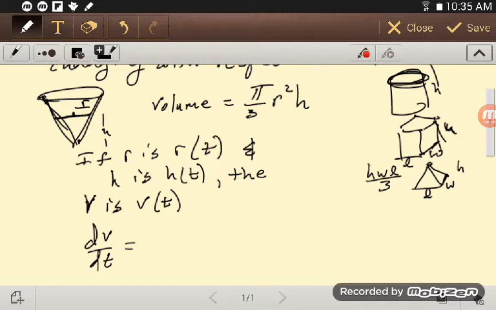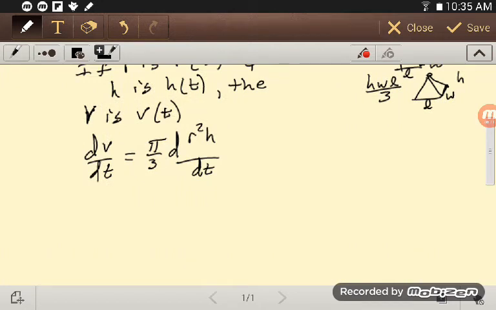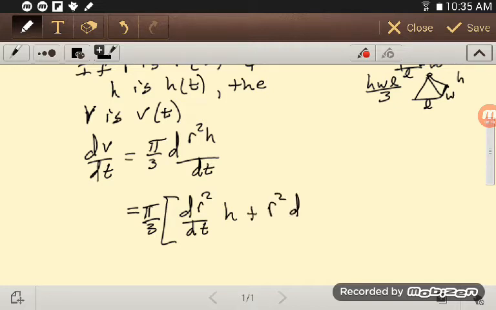Well, since these are just a couple of functions, then I have pi over 3 times the derivative of r squared h with respect to t. And now that's a product, and so that is pi over 3 times the derivative of r squared with respect to t, and then times h, plus r squared times the derivative of h with respect to t.